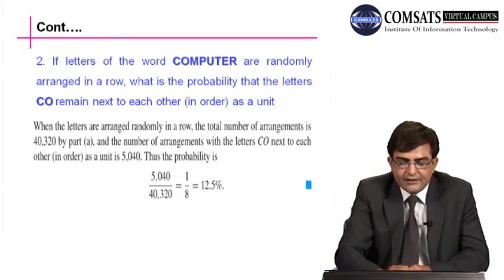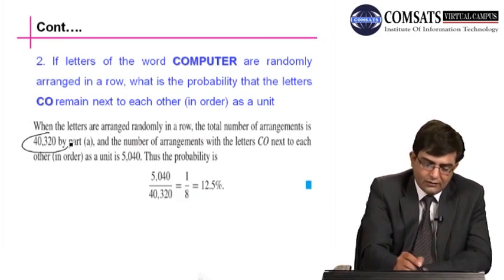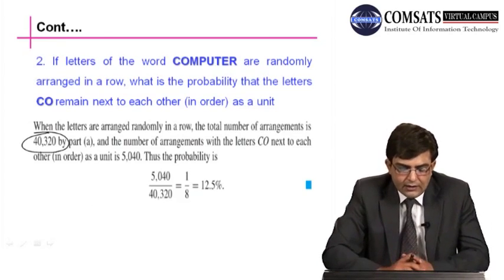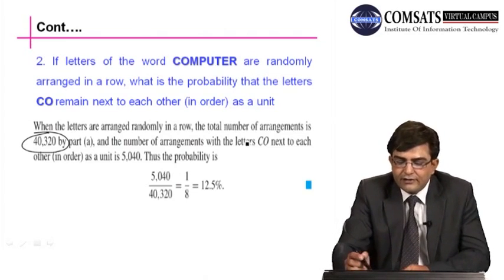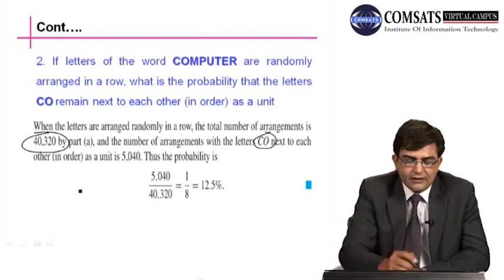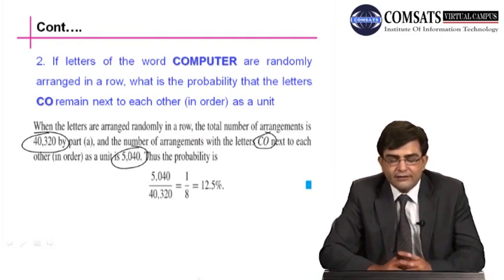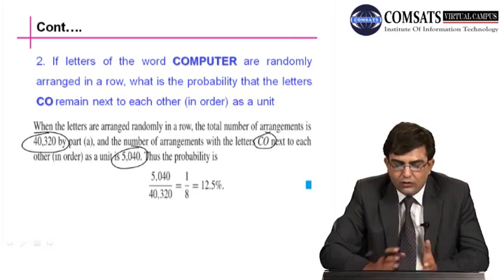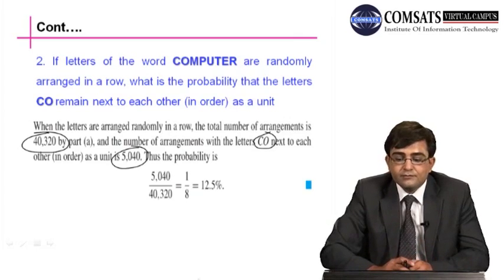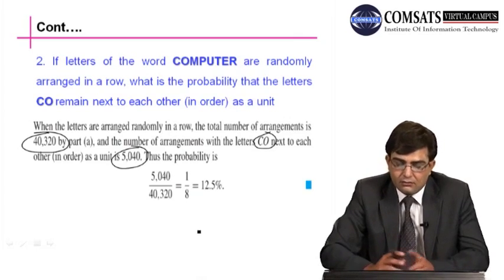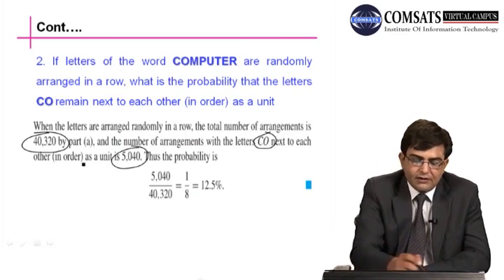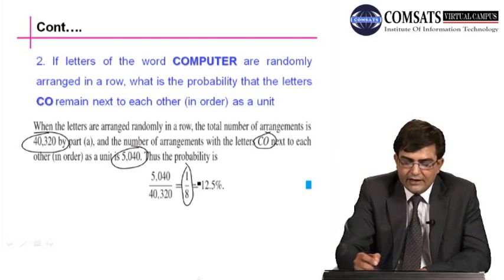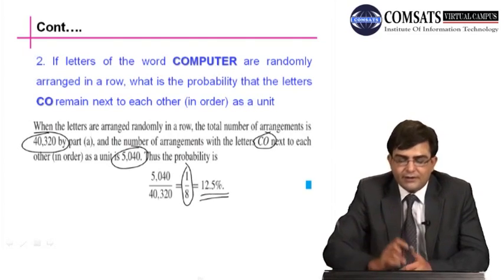When the letters are arranged randomly in a row, the total number of arrangements is this. We have calculated this in that example, and the number of arrangements with letters CO next to each other is basically this number, 5040. Now the probability that the letters CO remain next to each other is this number divided by this number, which is 1 by 8, and this is 12.5%.